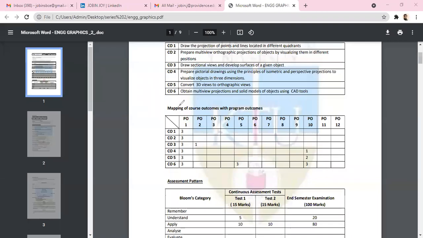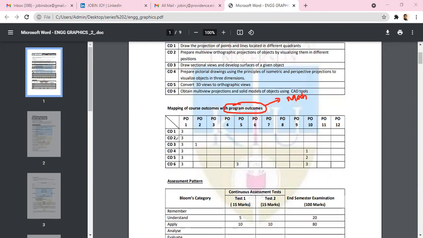So this is actually the mapping of the course outcomes with the program outcomes. Program means, for example, if you are a mechanical engineering student, your program is mechanical. Your program consists of 12 outcomes, that is called program outcomes.